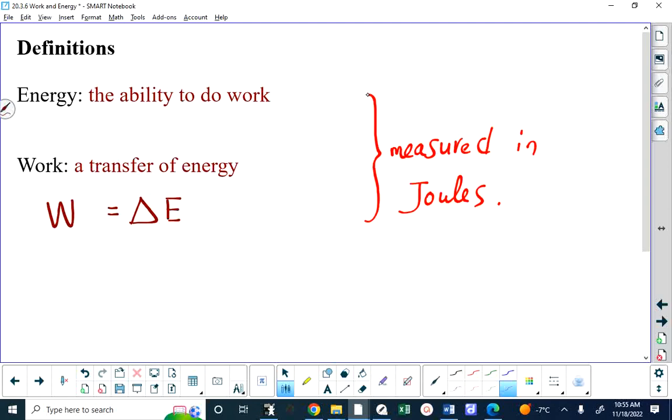So when it hits you in the head, it can transfer that 100 joules to your head. By the way, during every collision, you're going to lose some energy to heat, which is an important idea in Physics 30. Does anybody have any questions about energy or work in this limited set of definitions?